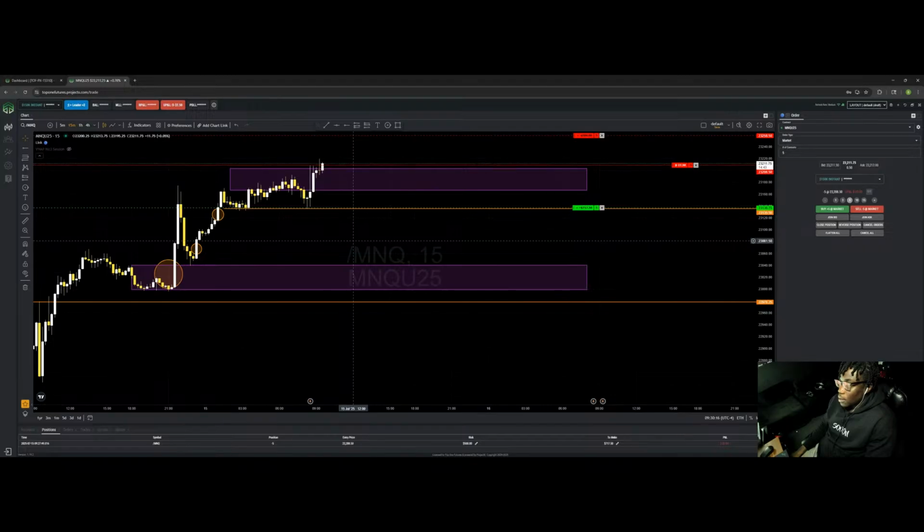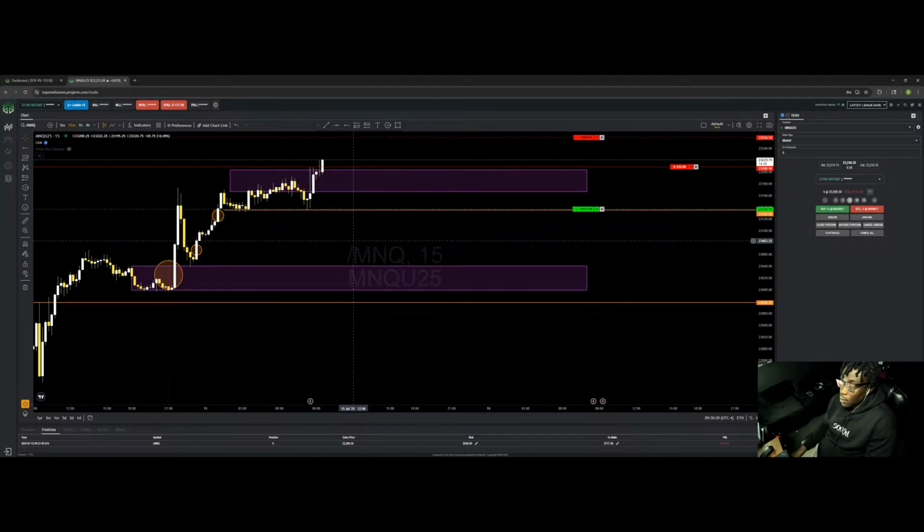See what we get from this 9:30. See if it wants to pass that little previous high again. And then we get something, hopefully here, something aggressive back down to the downside.